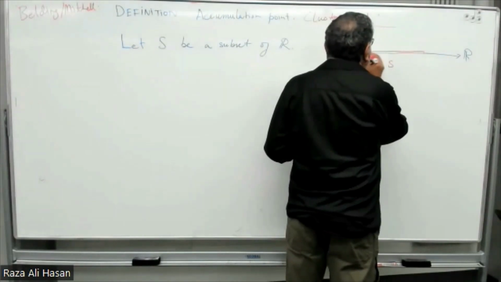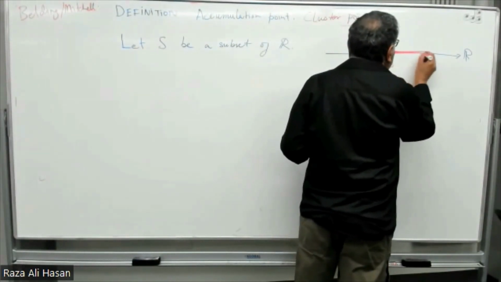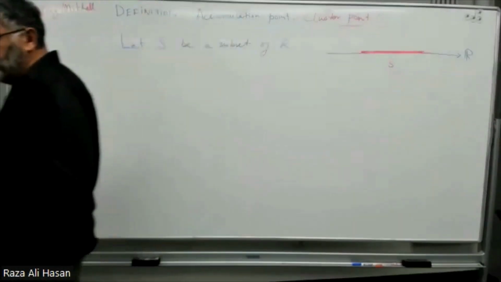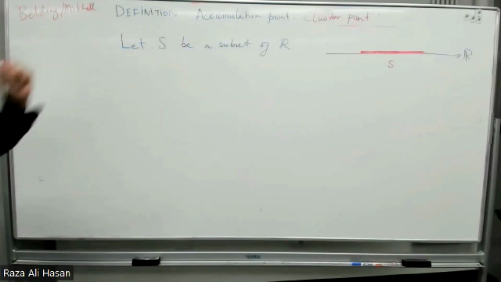Okay, so the first line of the definition says let S be a subset of R, and we have drawn it.